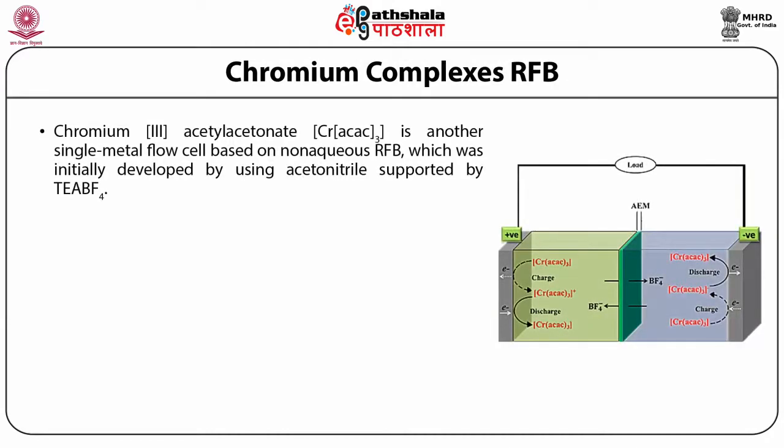Chromium(III) acetylacetonate, Cr(acac)3, is another single metal flow cell based on non-aqueous RFB, which was initially developed using acetonitrile supported by TEA-BF4. The schematic of such a system is shown in the figure.